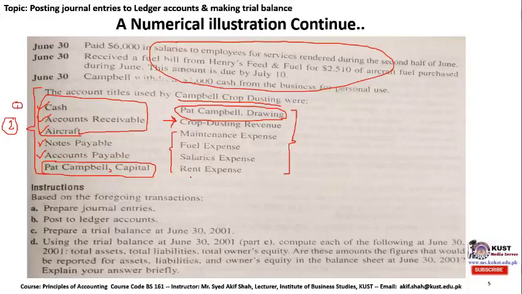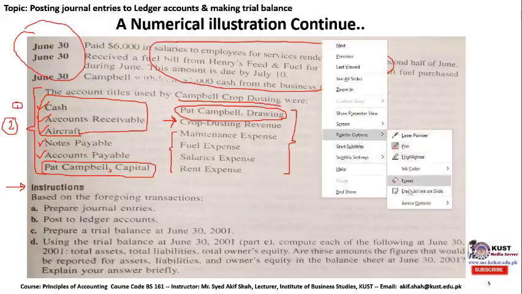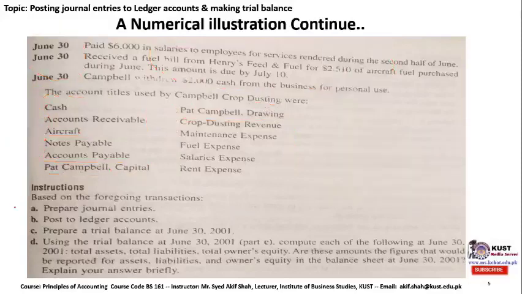Coming towards the instructions of this question, they require us, based on the foregoing transactions mentioned in June's transactions, in part A, to record the journal entries. Part B is expecting us to post them into the ledger accounts.